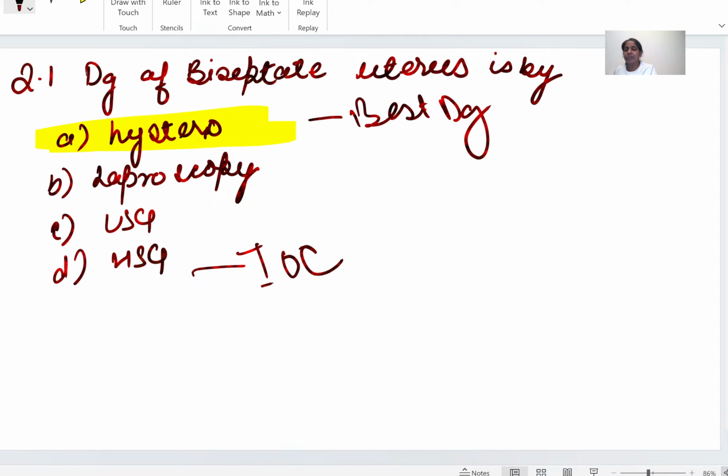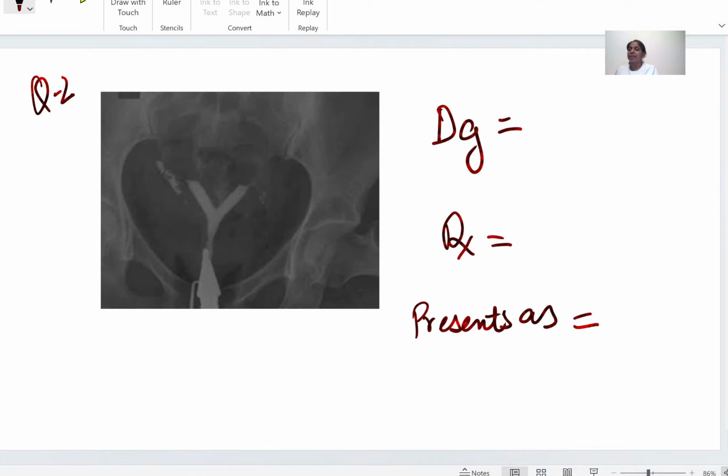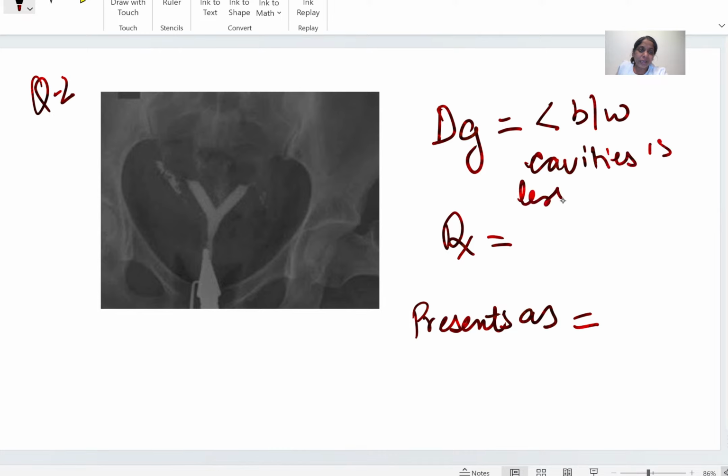Okay? Now, what is the diagnosis here? This is again a PYQ. Septate uterus, because the angle between the cavities is less than 90 degrees, more precisely less than 60 to 75 degrees.